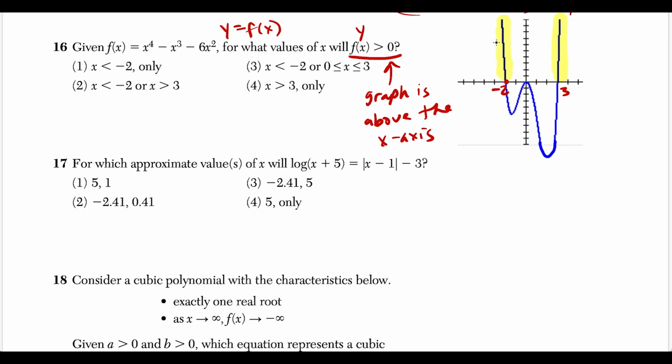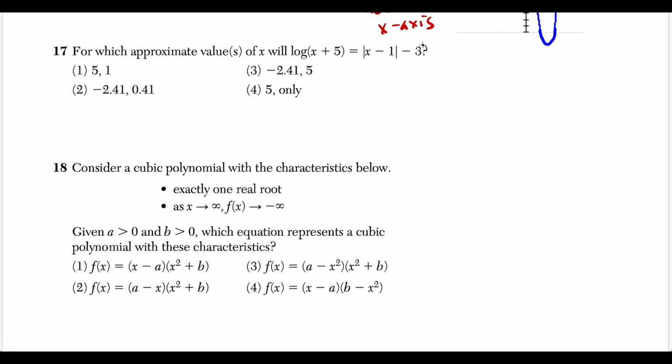But notice here that it's highlighted for x values less than -2, and also for x values greater than 3. When the graph is to the left of -2, it's above the x-axis, and when the graph is above the axis again, that's when x is greater than 3. So we look for the answer choice that's going to have both of these: x less than -2 or x greater than 3.